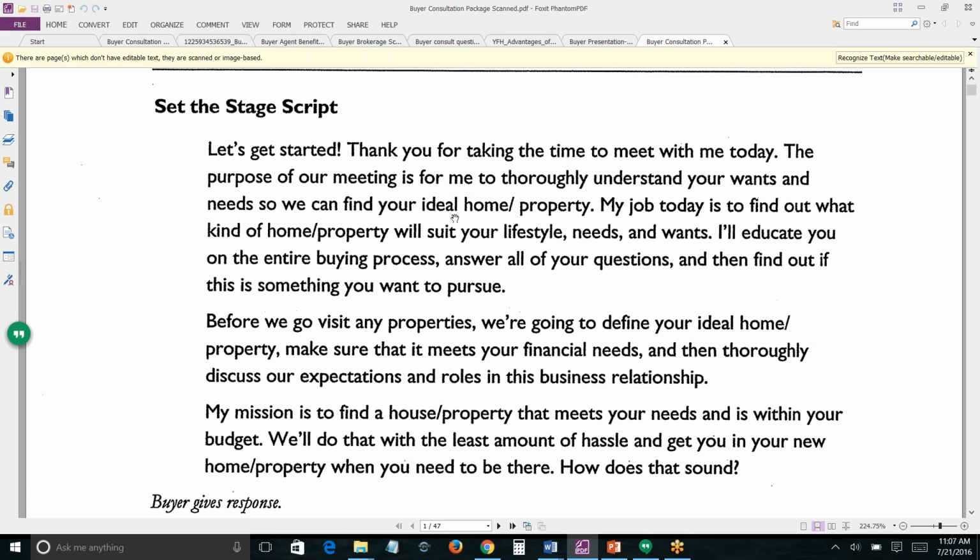You ought to have a plan, you ought to have a script. If you like these, I believe that it's better to just memorize something. Many times real estate agents resist the idea of scripting. The reality is we all have scripts. If you've got kids and your kids say, can I have a cookie? You have a script.